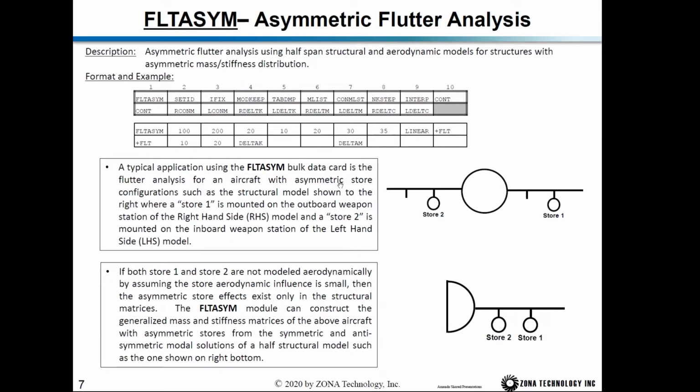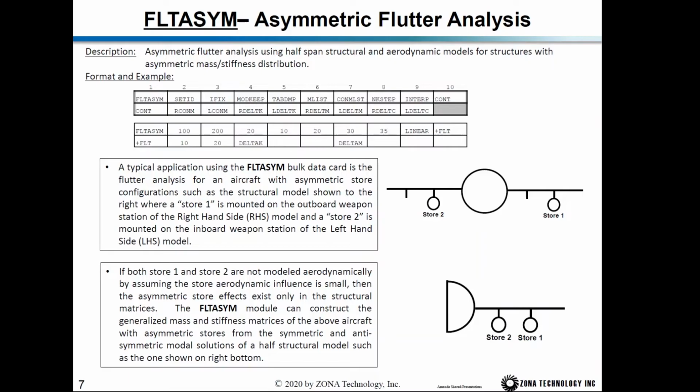So the card is called FVM, and this is its ID. This ID is referred to by the FVM case control command, and this refers to a fixed HATM, fixed MDAM card, and this is how many modes you want to keep in this flutter analysis.